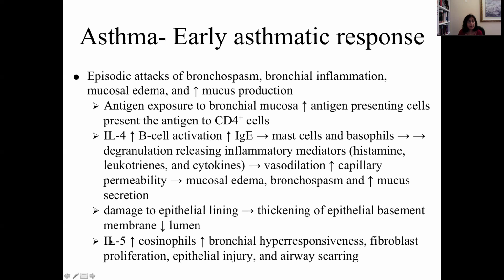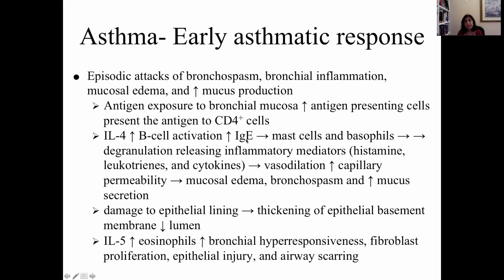IL-4, IL-5 are the two I have listed, but there are many more cytokines released, and there are other effects that are not so critical for us to deal with. So here, IL-4 would activate B cell, as B cell activation, which then specifically releases IgE.